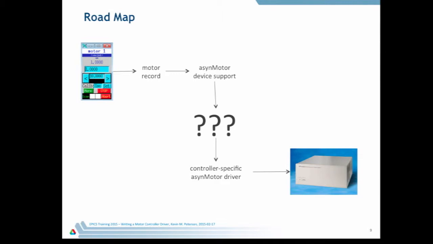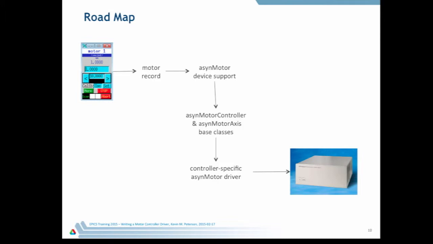But there are still some question marks in the middle, because the ASIN motor architecture abstracts away some of the important details of what happens. This is great from the perspective of implementing things for the end user writing the driver. It's not so great when you write your first one and you don't really know what's happening behind the scenes.